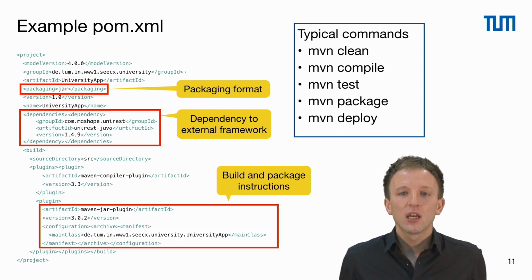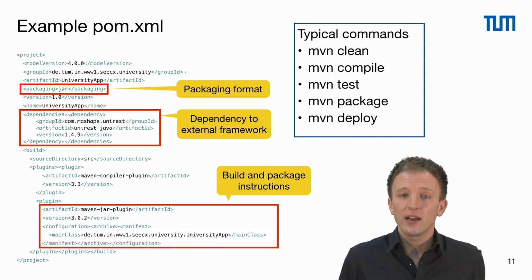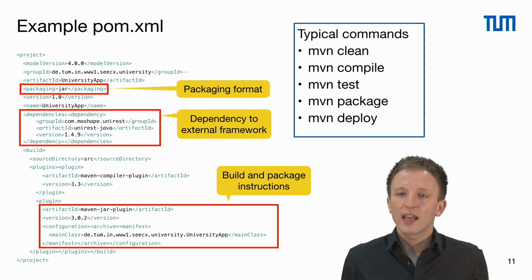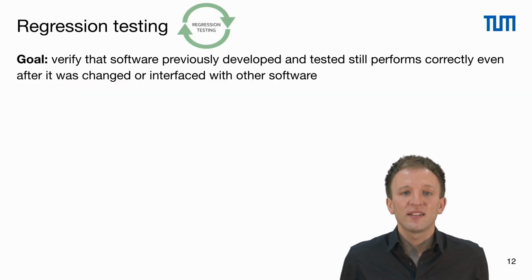Maven package takes the compiled code and puts it into a distributable format, such as the jar file. And finally, Maven deploy is responsible for copying the packaged file to the actual target environment, which is usually done on a build server.